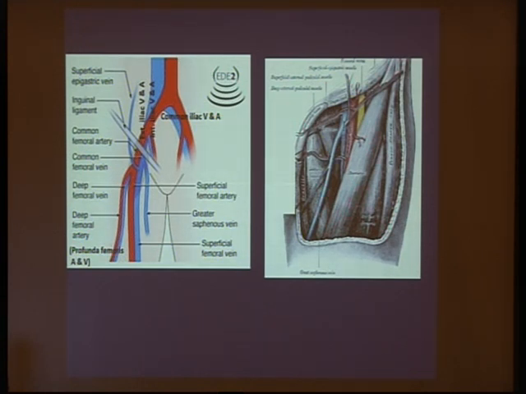Additionally, femoral vein has more territory. So we have a medial territory, which is the great saphenous vein, which will end in the femoral vein. So we have the main superficial femoral vein here. Profunda femoris vein will come to join it here from the lateral side, and great saphenous vein will join it from the medial side.